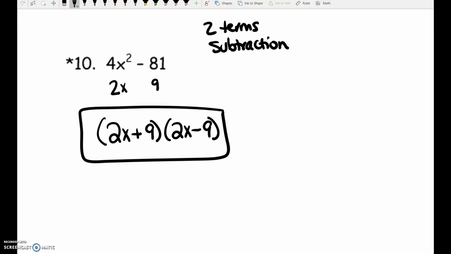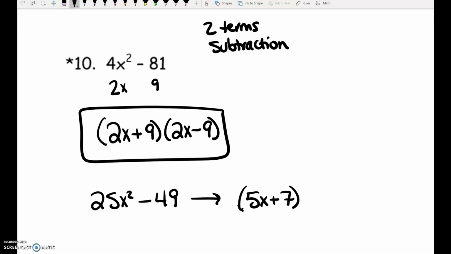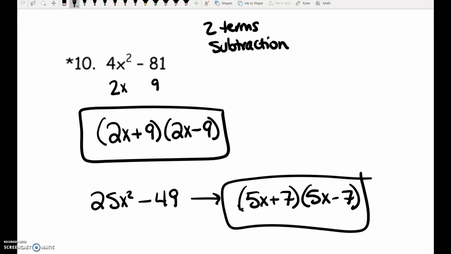So if I gave you, I don't know, 25x squared minus 49, how would that factor? 5x plus and minus 7. Ta-da! Super easy, right? Yay!